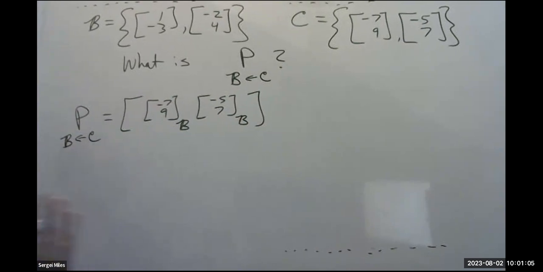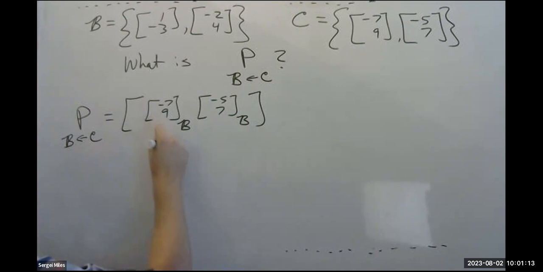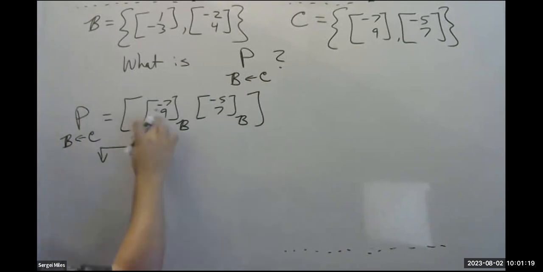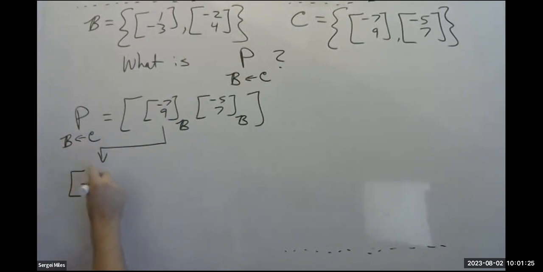Now, there's two ways to go about this. Option one, you could go with the traditional solution that we've been using, where how do you find a B coordinate vector of some vector x? Well, you need to find out what combination of the B vectors equals that vector.